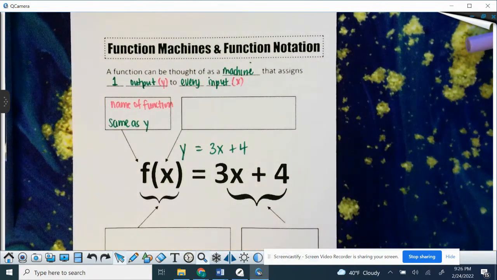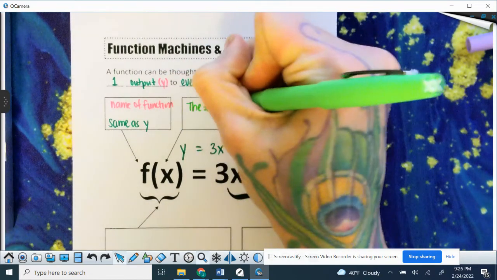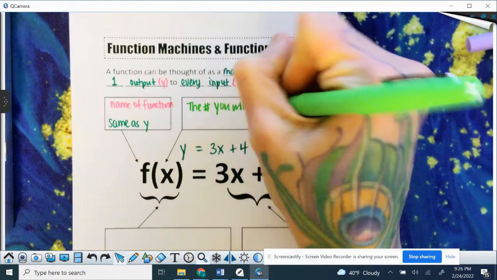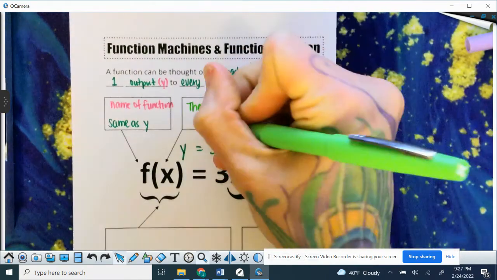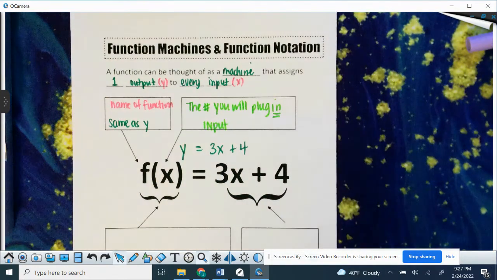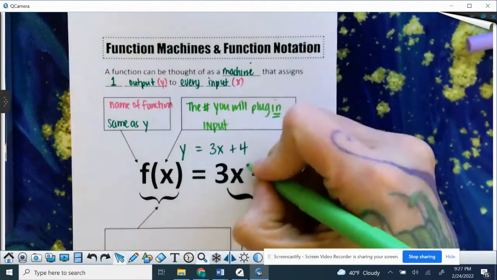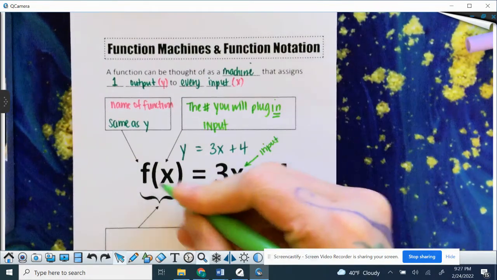The x is the number you're going to plug in. And I say in because, again, this is your input. So what you're going to put in to get out a y value, your output. So again, all your x is input, both here and over here. It's inside the parentheses.